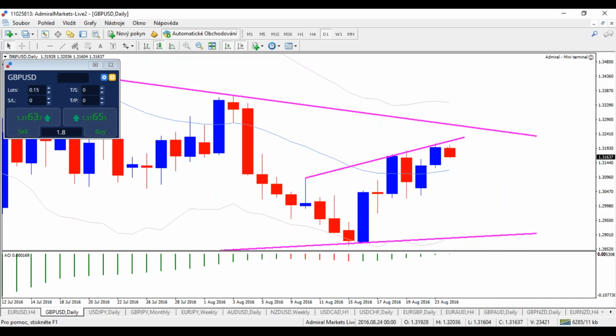And if today's candle ends up like, I don't know, somewhere like this, the same scenario as the euro dollar on a daily chart, retracement of that candle, and there could be a trade down to that support line. All right, that's the daily perspective.